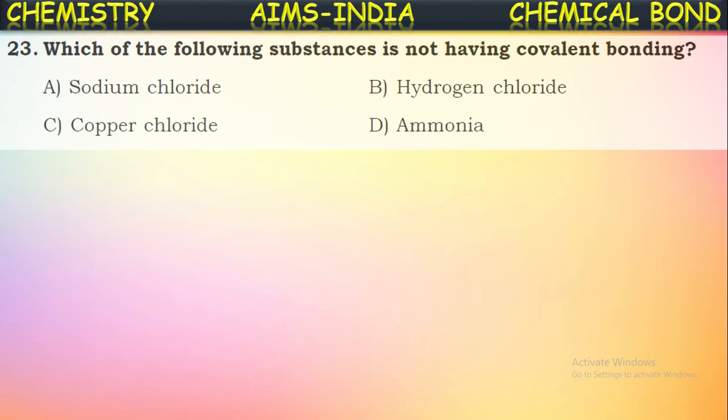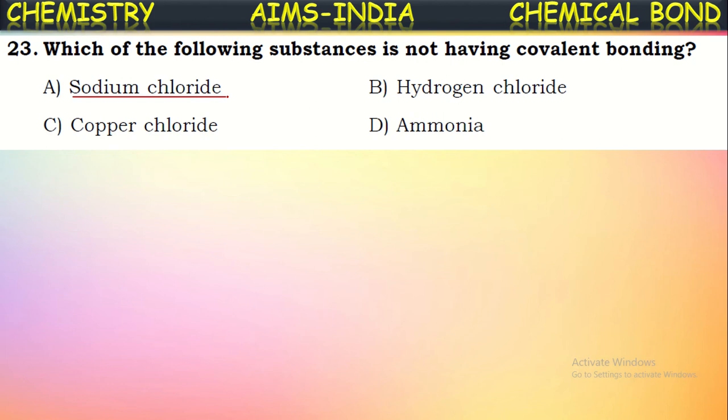Okay, next one. Which of the following substances is not having covalent bonding? Means which is not a covalent compound we have to see. As I told just now, if the bond is formed between two atoms with a high electronegativity difference, then the bond will be an ionic bond. If the atoms have a smaller electronegativity difference, then the bond formed will be a covalent bond. If you see sodium chloride, sodium and chlorine both have a high electronegativity difference.